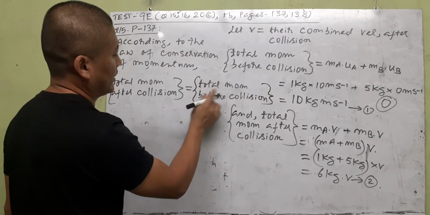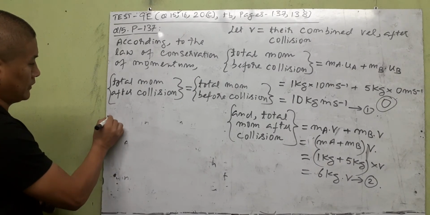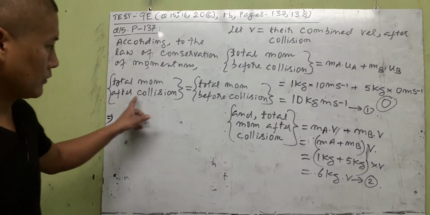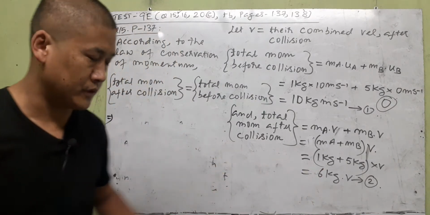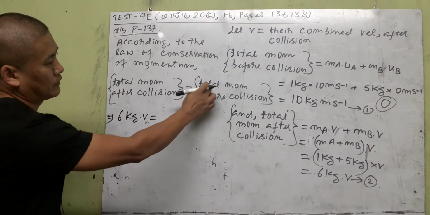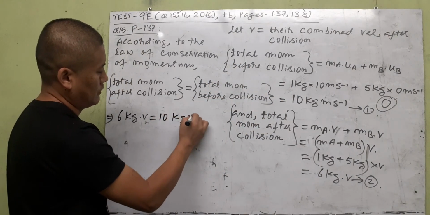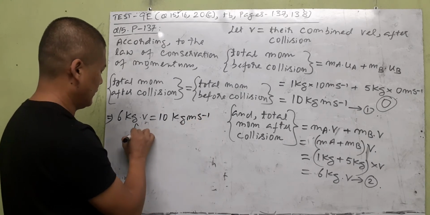It's up to you whether you write this on the left side or right side. Okay, so here we have after collision, equation number 2, value is 6 kg into V equal to total momentum before collision, 10 kg meter per second.